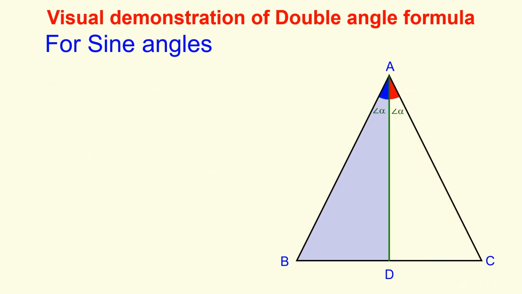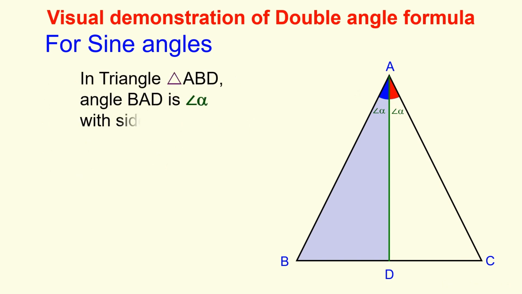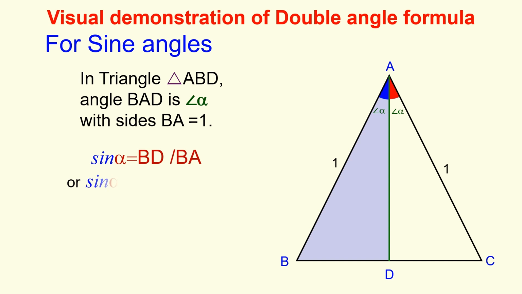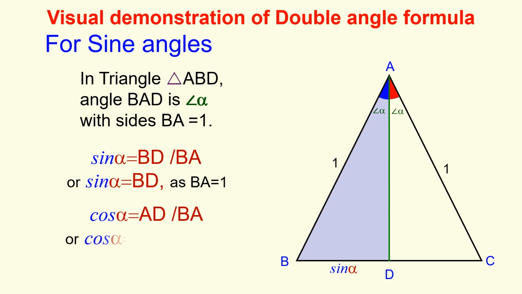In triangle ABD, angle BAD is alpha, with side BA equals 1. Sine alpha equals BD divided by BA, or sine alpha equals BD as side BA equals 1. Cos alpha equals AD divided by BA, or cos alpha equals AD as side BA equals 1.